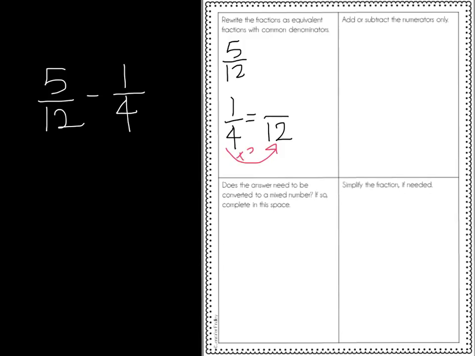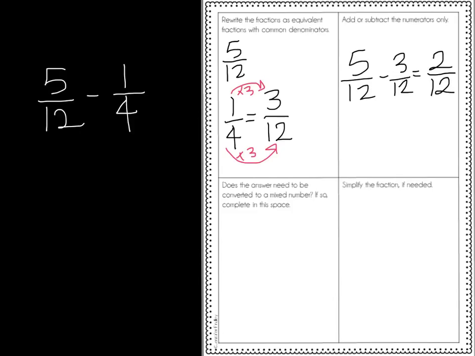I need to multiply it by 3. I must also do the same thing to my numerator. 1 times 3 is 3. Now I have 5/12 minus 3/12. Since I have common denominators, now I can simply subtract the numerators. 5 minus 3 is 2.